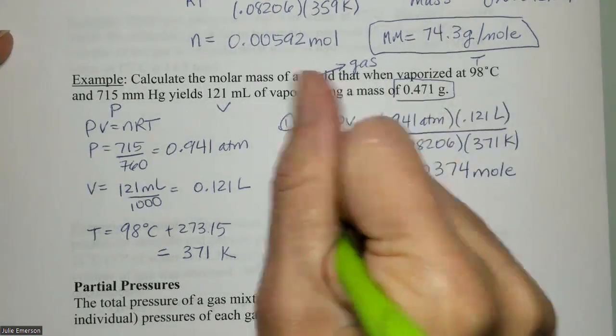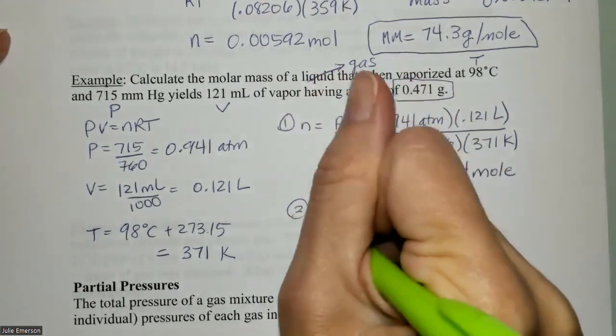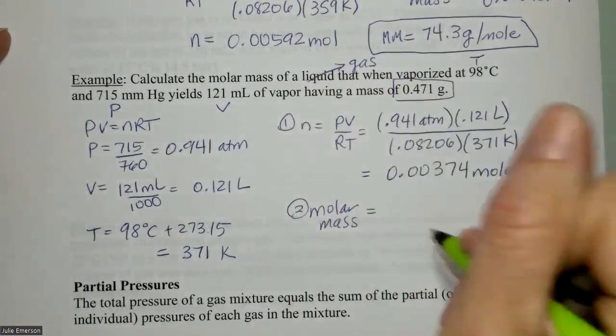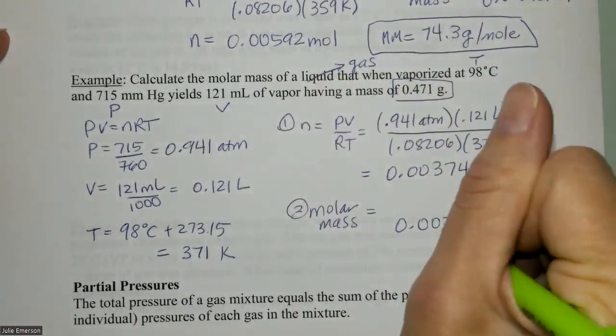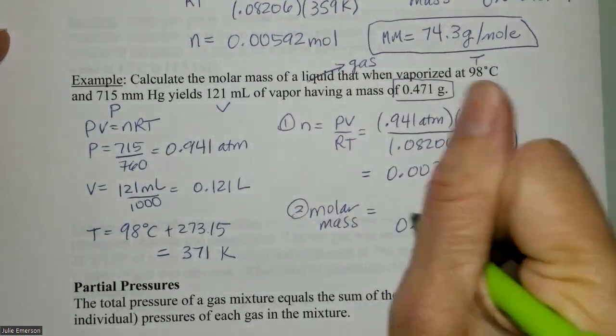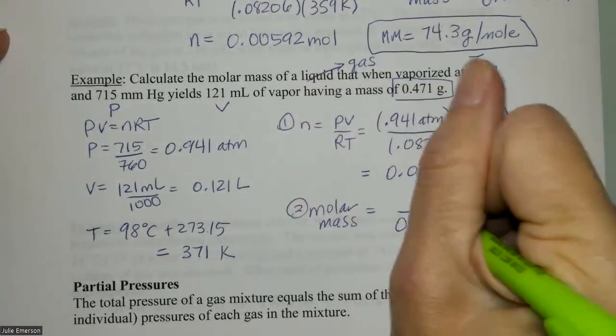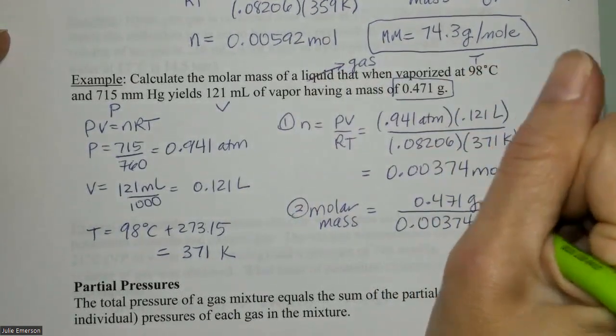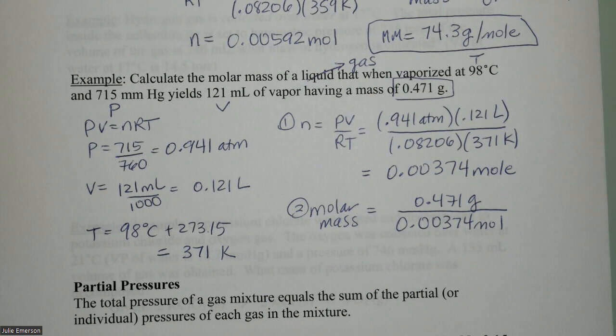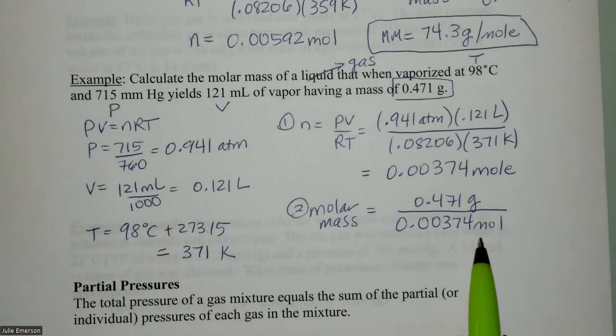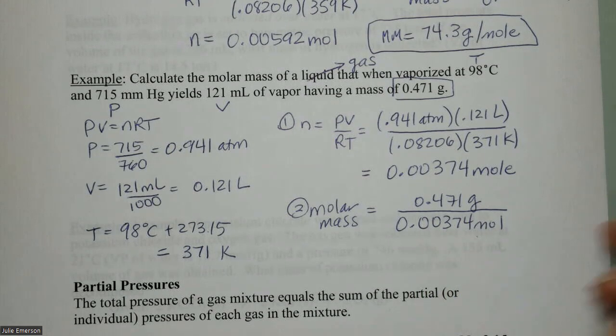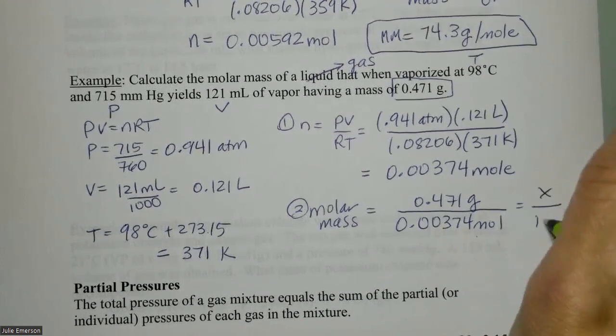So then the second step is, what is the molar mass? We know that that many moles had a mass of 0.471 grams. So basically we're setting up a ratio, right? If I know that 0.00374 moles had a mass of 0.471 grams, the question is, what would be the mass of 1 mole?